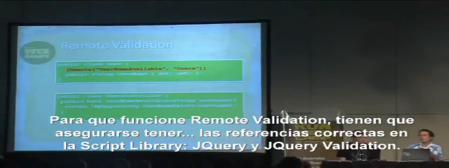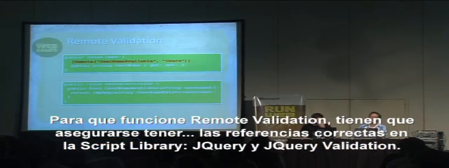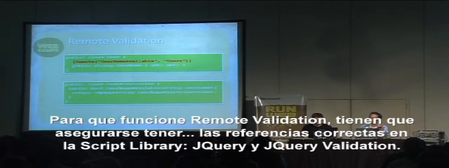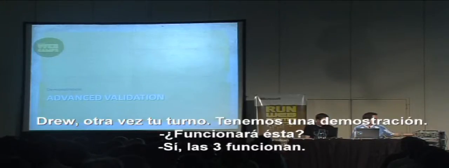So in order for the remote validation attribute to work, you do need to make sure that you're referencing the proper script libraries. And that's the jQuery and jQuery validate, and our own unobtrusive jQuery validation script. So Drew, back to you to give a demo of this.